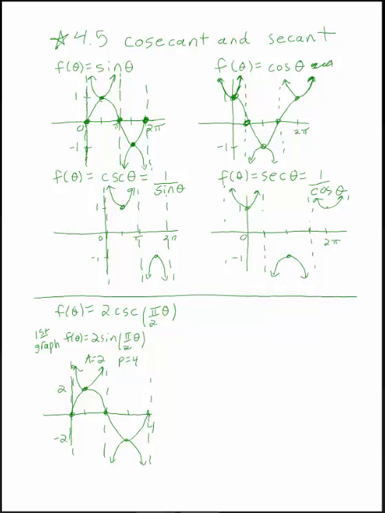So if you have pencil, now you can erase that sine function and you'll have a perfect cosecant graph. And the same trick works for secant. You plot the corresponding cosine function, dash the asymptotes where the cosine function has zeros, draw in the secant function, and then erase your cosine curve.